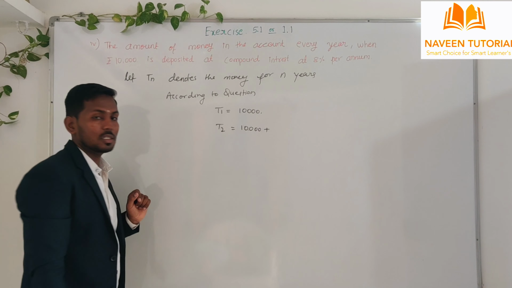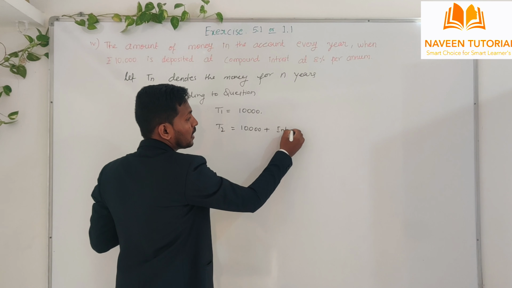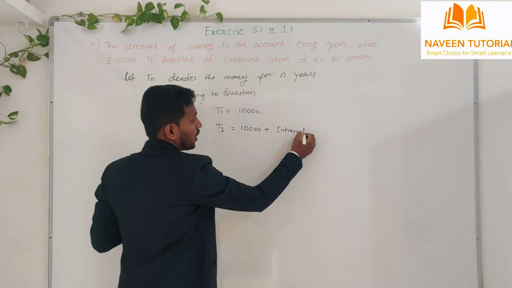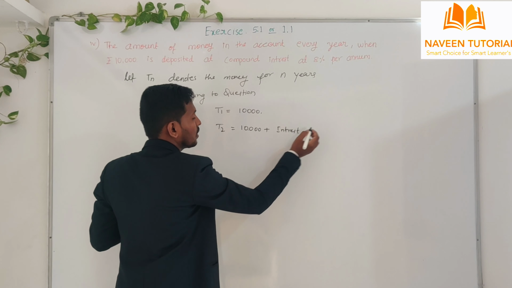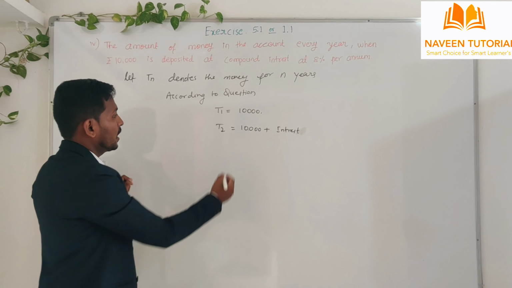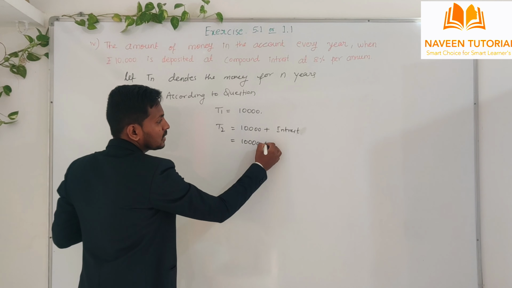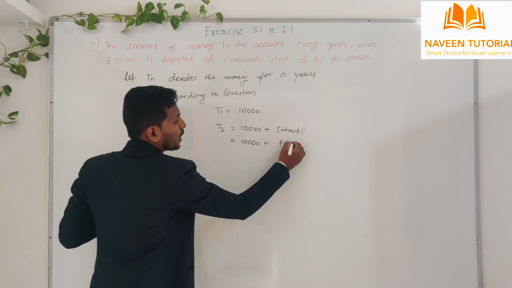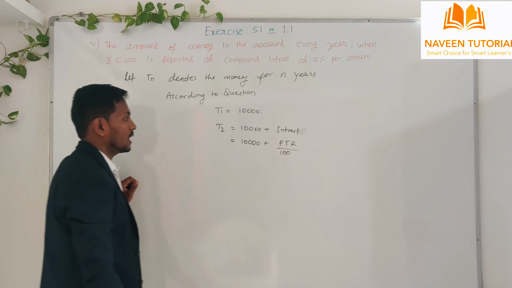plus interest. Okay, this is compound interest. Then here 10,000 plus interest. So interest can be calculated by PTR upon 100 for the first year.